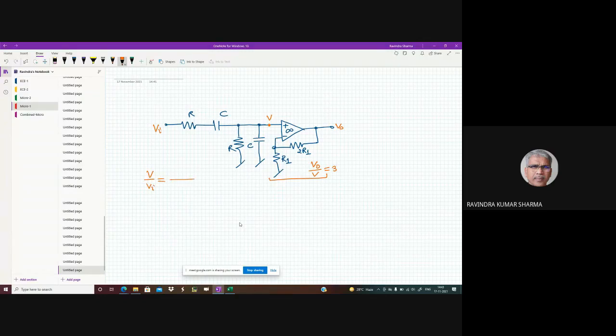V by VI is, जो अभी हमने लिखा, 1 by RC S square plus 3 by RC into S plus 1 over R square C. Is that correct? यस सर। अब टोटल VO by VI क्या हो जाएगा?